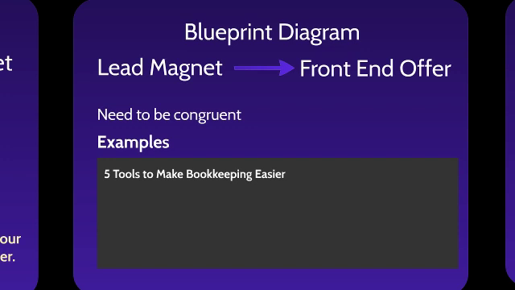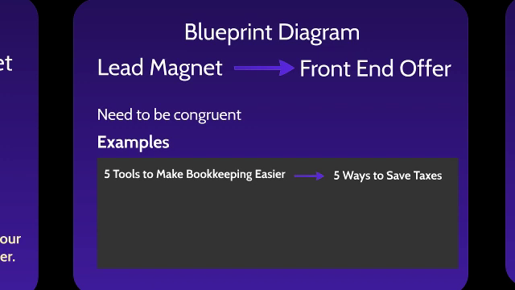Typically what happens is they are pumped up and excited, looking to organize their taxes, their bookkeeping, everything like that. Bookkeeping doesn't necessarily have to relate to taxes either. It can relate to return on investment, how much you're earning, and things like that.